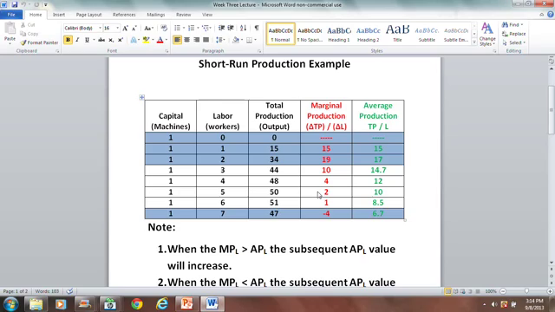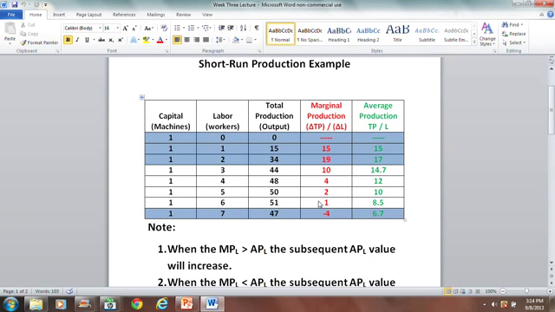Right? Now, if you notice that as we keep adding workers, each subsequent worker is adding less and less to the collection of total production. So that's telling me that as we add more workers, those workers are becoming less productive because we have this congestion starting to take place in the production process.